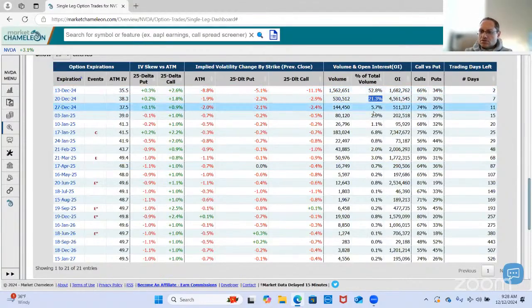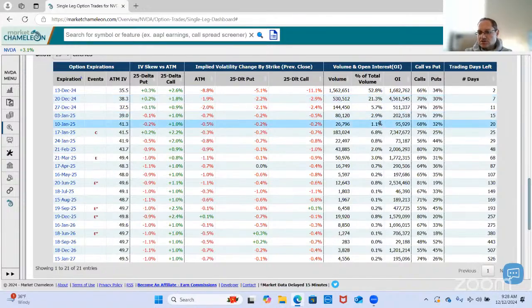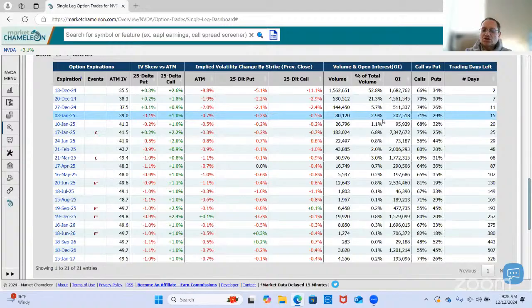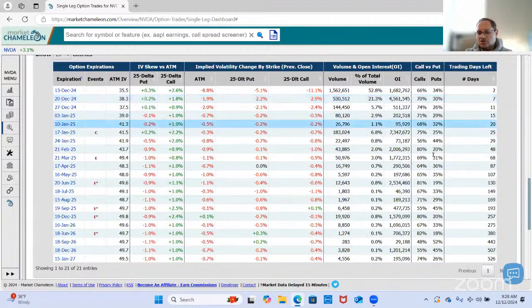So this is just converting these raw numbers to percentages. It's easier to see by percentages where more of the volume is concentrated. And next to it, we see the open interest for each of these expirations.